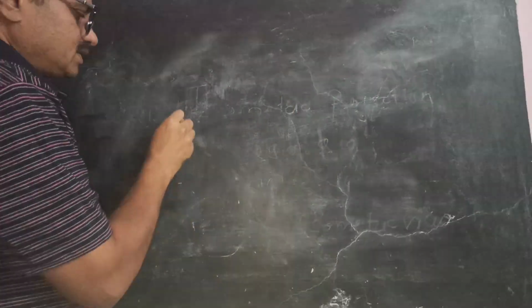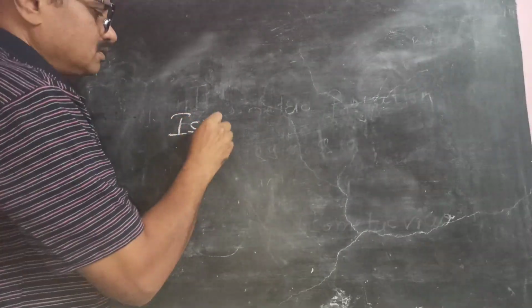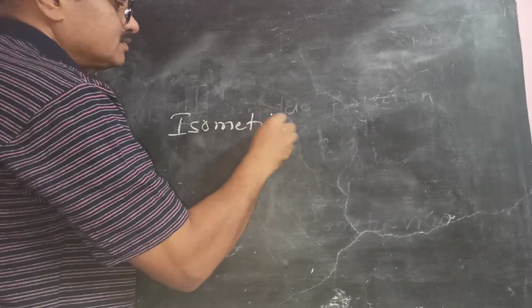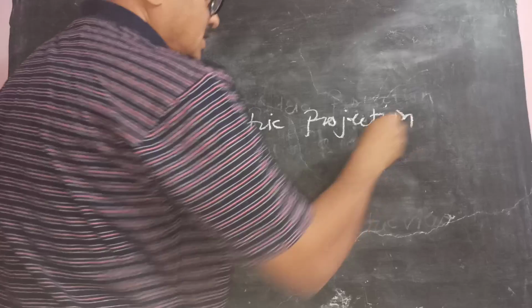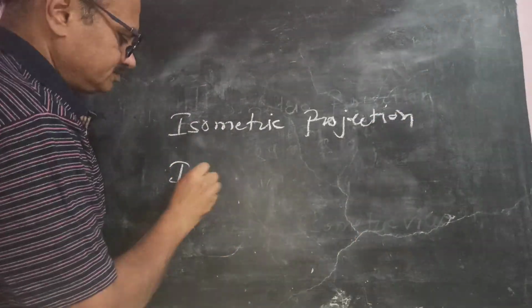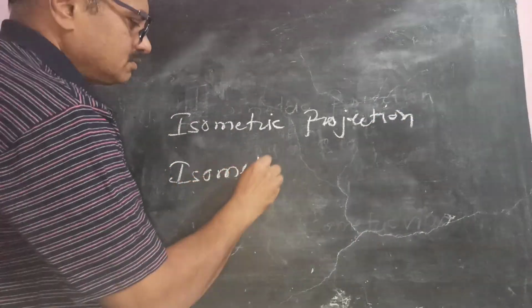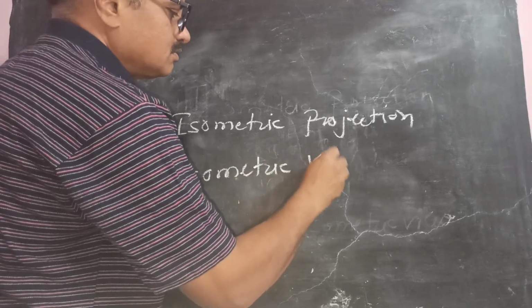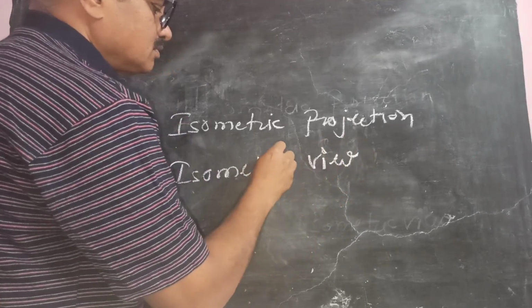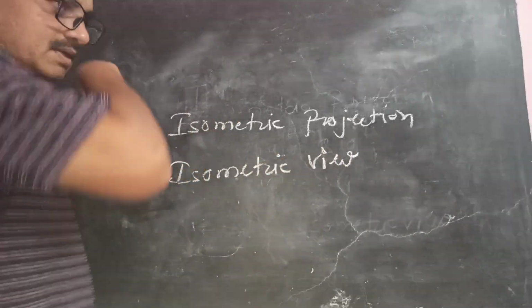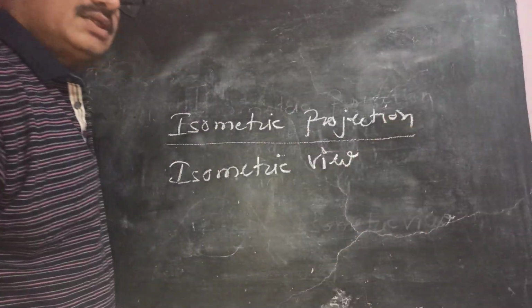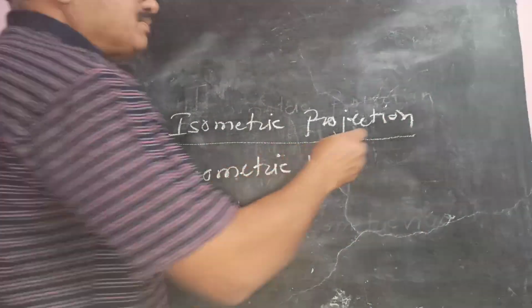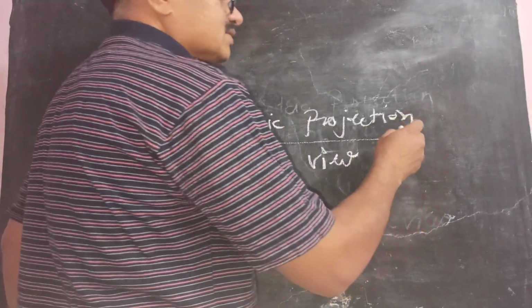So, what is the difference between isometric projection and isometric view? In isometric projection, whatever dimensions are given in the problem, we multiply all these dimensions.